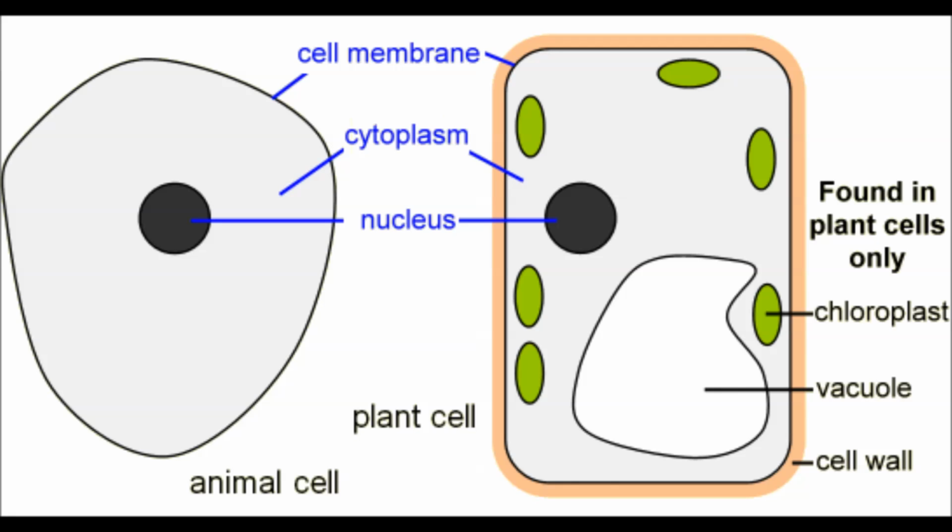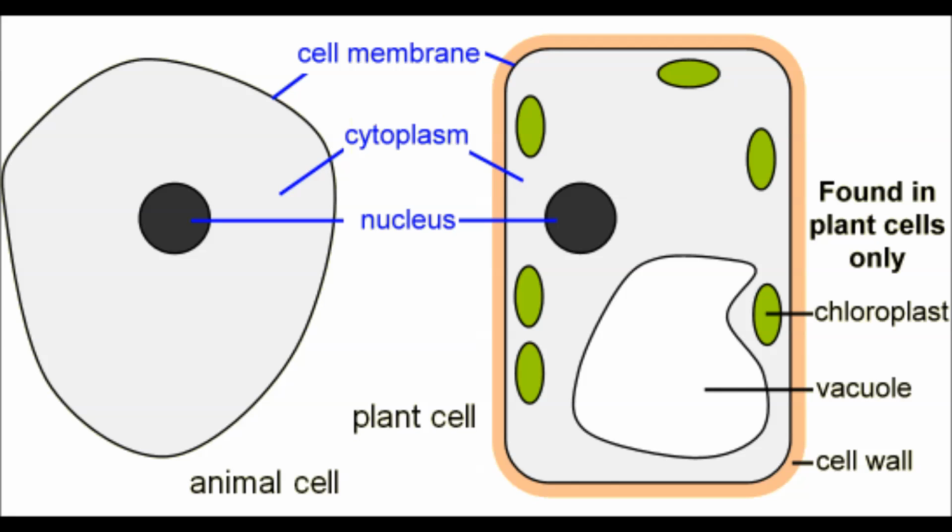The last thing that is specific to plant life is the cell wall. The cell wall is a tough, flexible layer that surrounds the cell membrane. It is there to help keep the plant standing tall. Like big trees you see, the way that they stand up is through the cell wall.